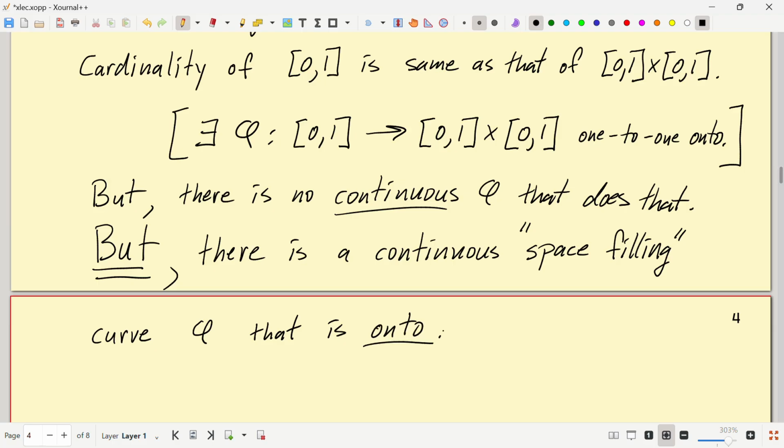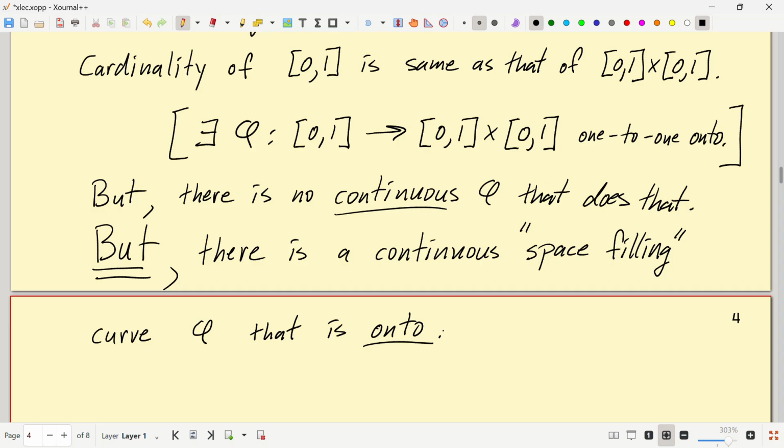The way it's constructed in the book, some points get hit up to 5 times. So it's less than or equal to 5-to-1. A point might have 5 preimages, but no more.